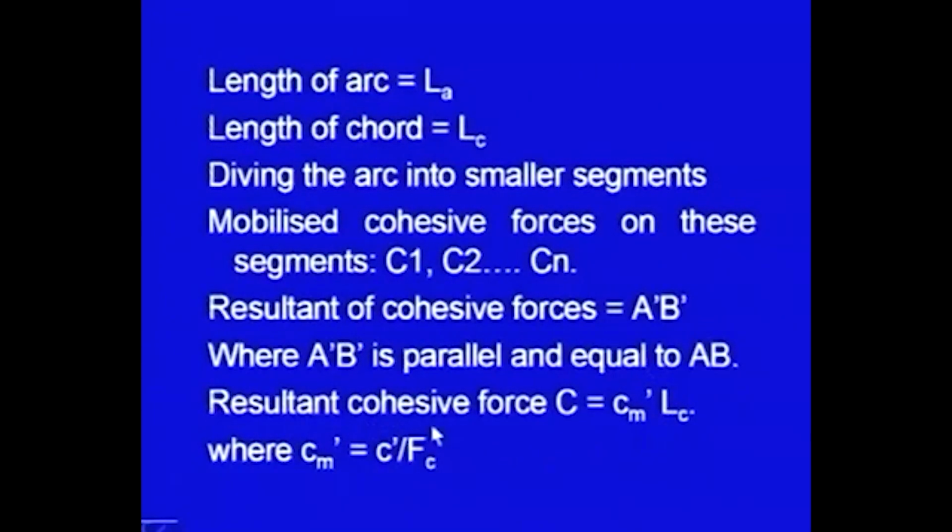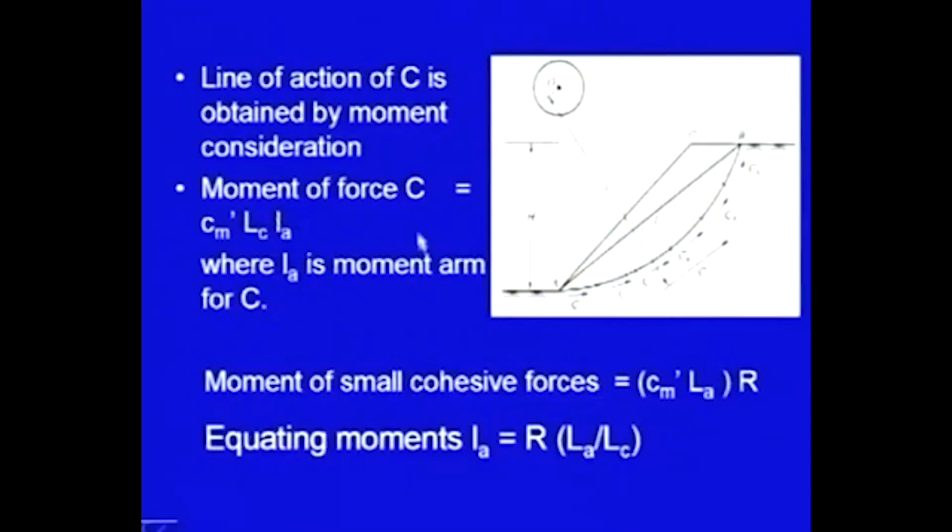So, the resultant cohesive force will be equal to Cm' into Lc, where Cm' is nothing but C' upon factor of safety against cohesion, C' upon Fc. Now, we know the magnitude of the cohesive force, we know its direction, but still we do not know where it is acting. The line of action of C is obtained by moment consideration.